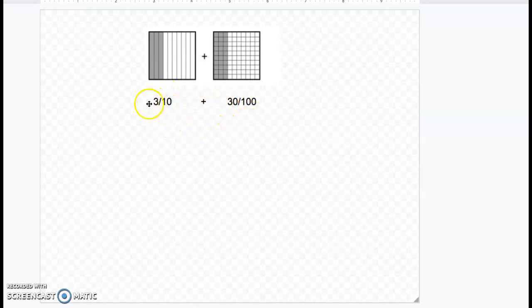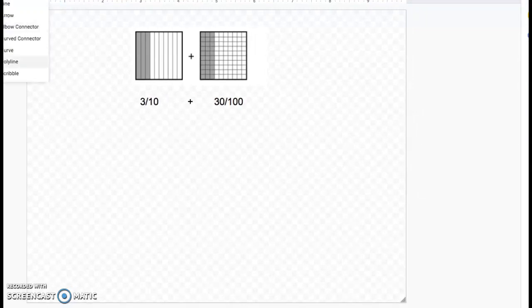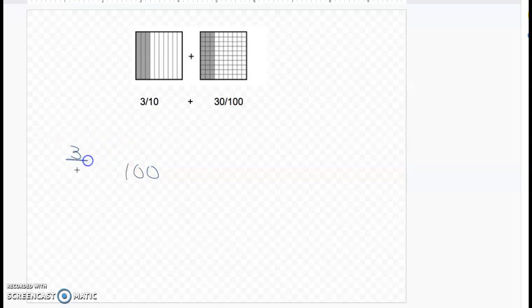So in order to make this denominator the same, we have to create a bottom number of 100. So we are going to take this 3/10 and create a new equivalent fraction or decimal fraction with a bottom number of 100.